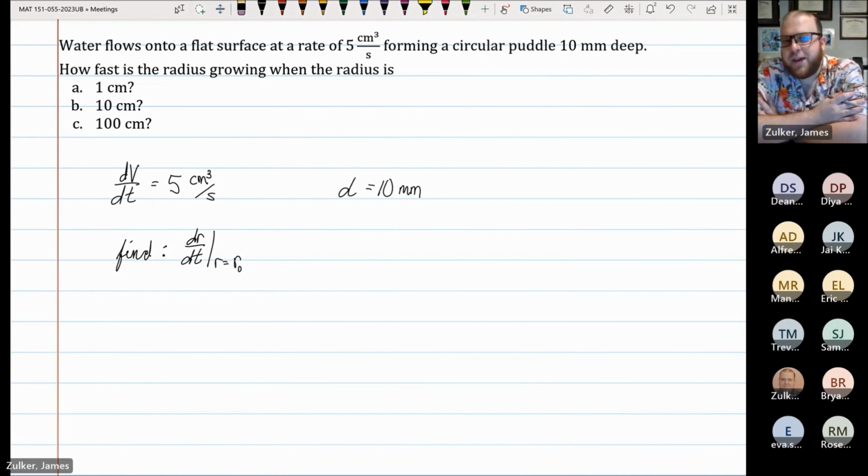We have two different units of measurement, right? Volume is in cubic centimeters, but the depth is in millimeters. This means that we're going to have to convert one of them. The easiest one to convert would be the depth. Right, so convert 10 millimeters into centimeters. It's just one, isn't it?